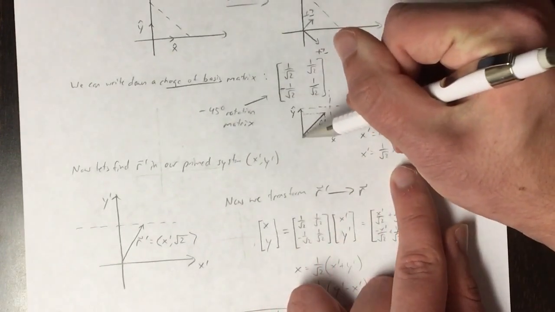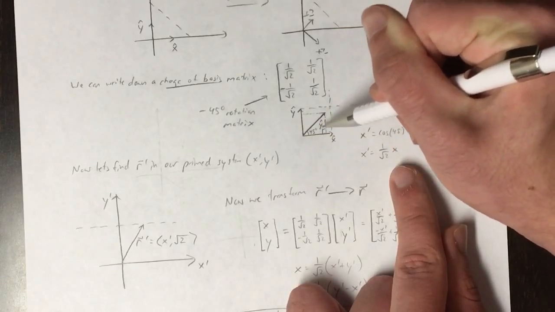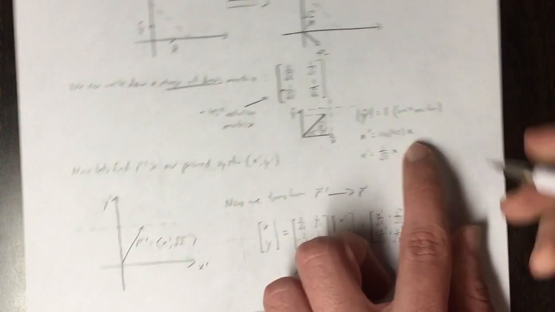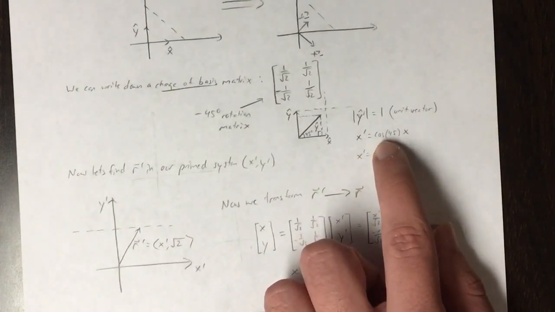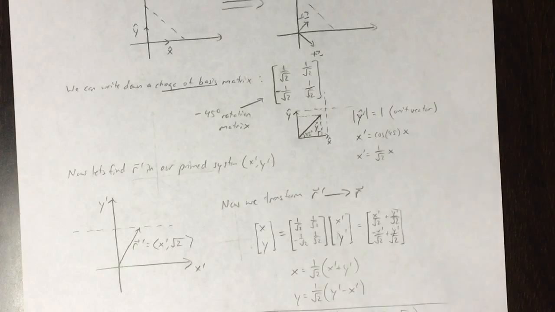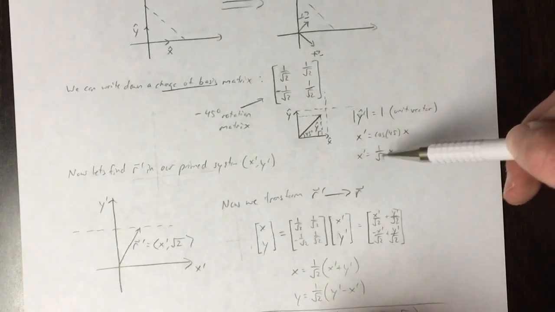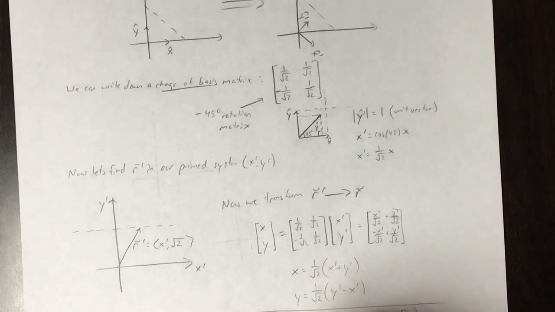So x prime would actually be right here, and you can see that it's the same for this y prime. Actually, y prime is also equal to the cosine of 45 times y. And so what I do with these expressions is, cosine of 45 is 1 over the square root of 2. And so I find this for all these vectors, and I put them into this change of basis matrix. Okay?